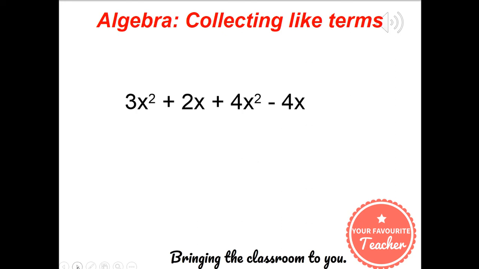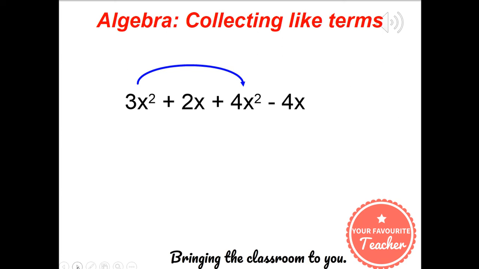This is a slightly different example. Even though we have x's all the way through in our expression, it's not the same thing for all the x's, because we have both x squareds as well as x's. When we're collecting like terms, we treat the x squareds separately to the x's.